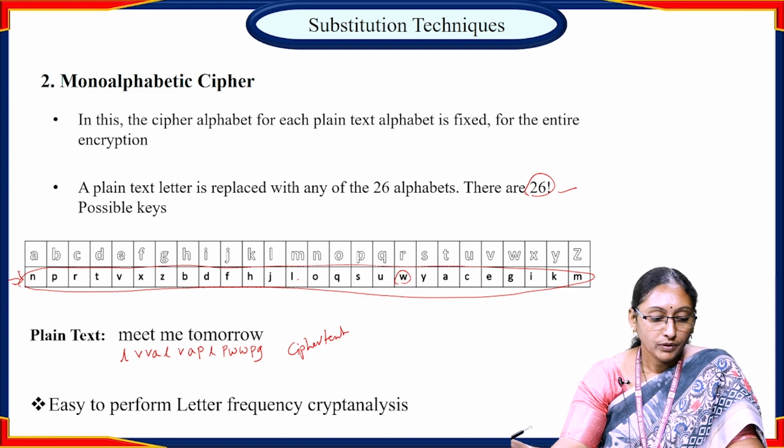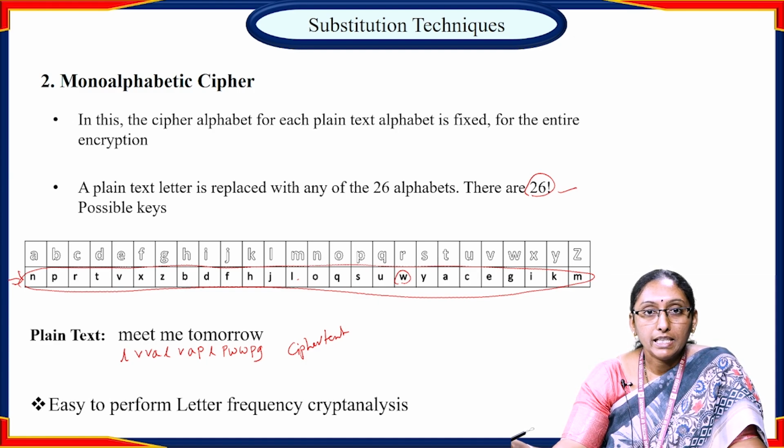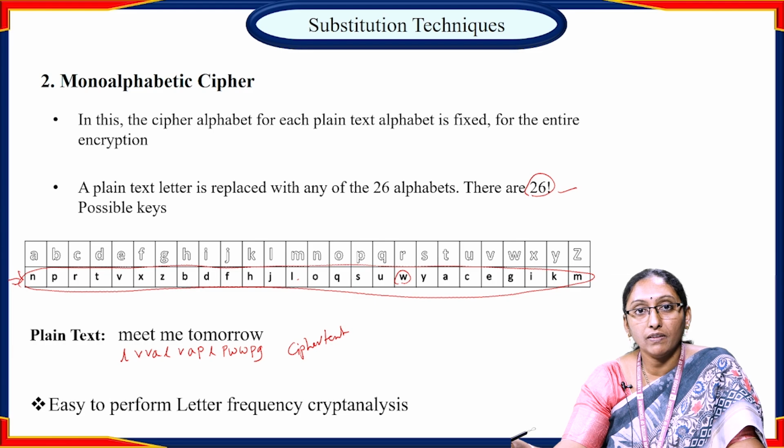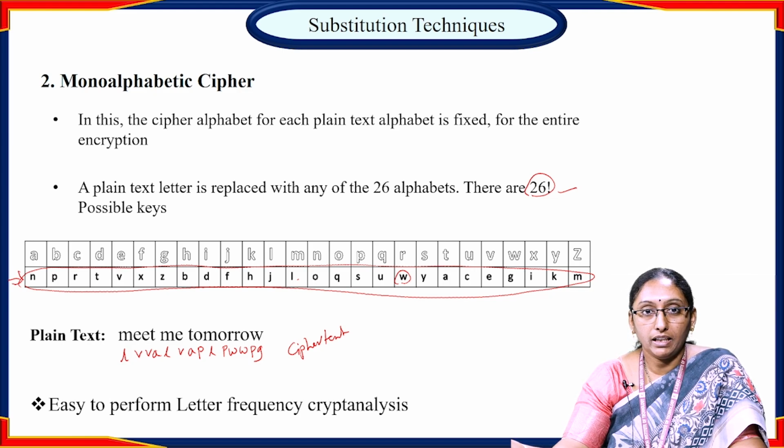For example, if A appears 26% of the time in English sentences, and any ciphertext letter's frequency matches that of A, then the attacker replaces that ciphertext letter with A. Like that, he will choose the possibilities based on the letter frequency. So, at some point, he may get the plain text, without knowing the key.